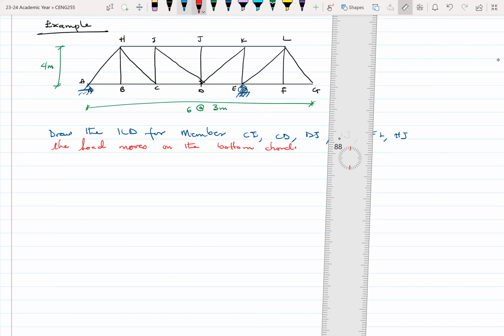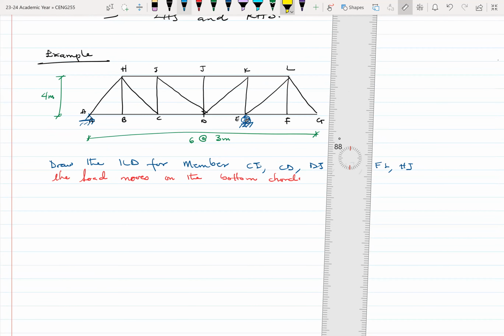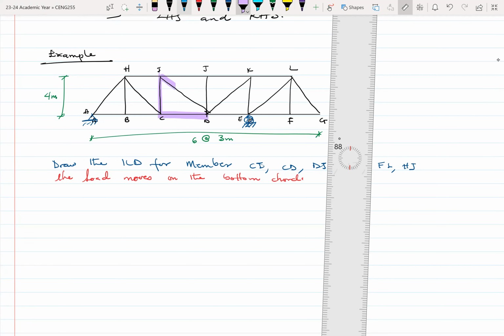So let's look at the members that we are supposed to design, or in this case, find the forces for. So I have CI, so this is my CI right here. I have my CD, I have my DI. So these three, they make a set.